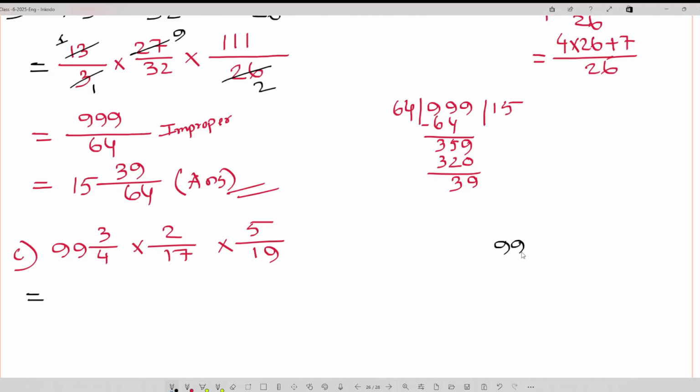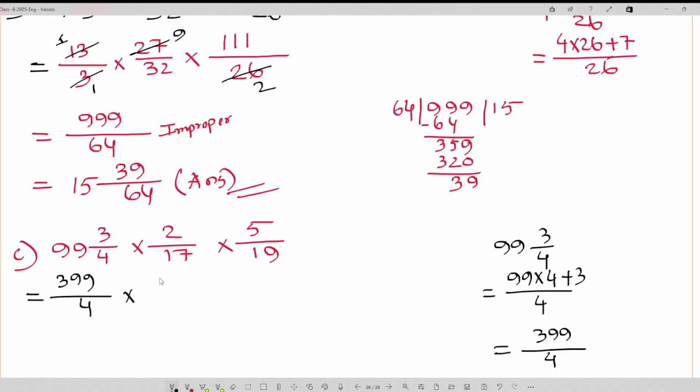This one we can write, the denominator is 4, and here is integer 99 times this denominator plus 3. So what will be the answer? 99 times 4 is 396 plus 3, it means 399. 399 divided by 4. So we can write directly here 399 by 4 times 2 by 17 times 5 by 19.